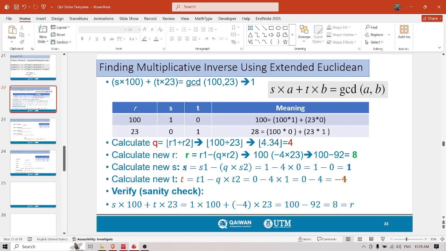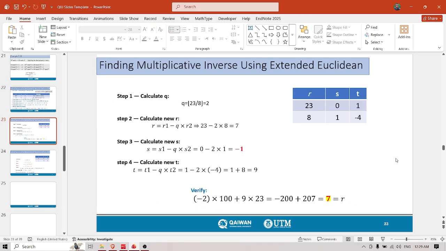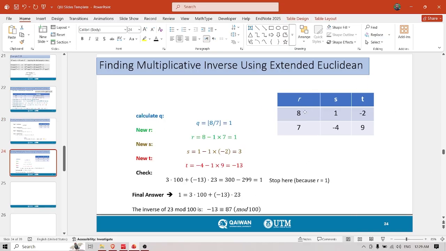Now you see this is S and this is T. 1 and 4. Now if we calculate this, we will get the remainder of 7. So we should take the 8 with 7.